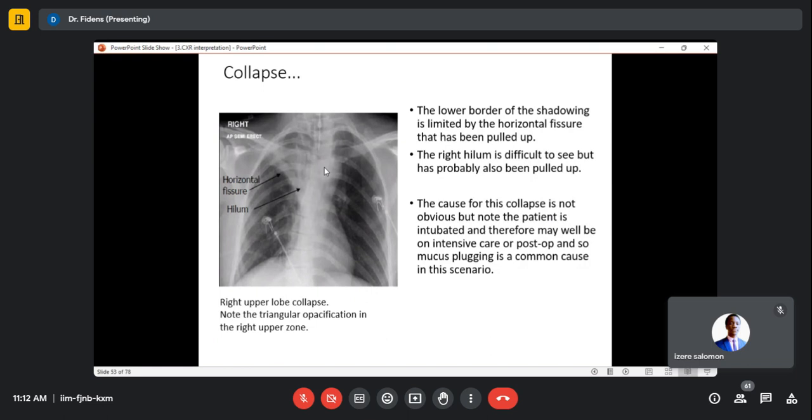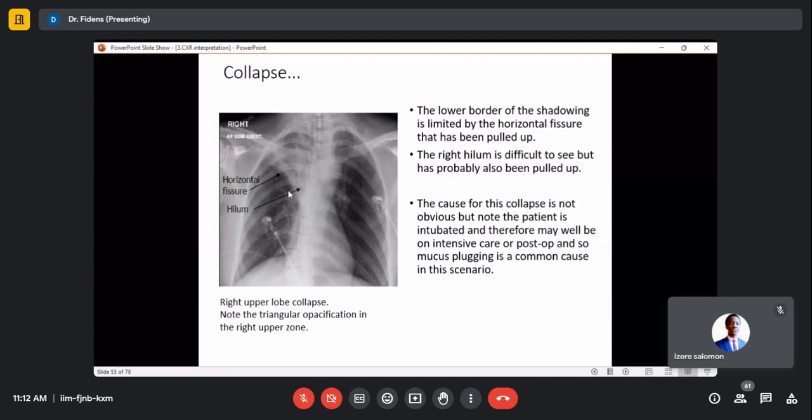I'm right, but I can also see elevation of the horizontal fissure. That's another new sign, an important sign that can change my mind, or make me think twice. Okay, is this horizontal fissure pushed or pulled?